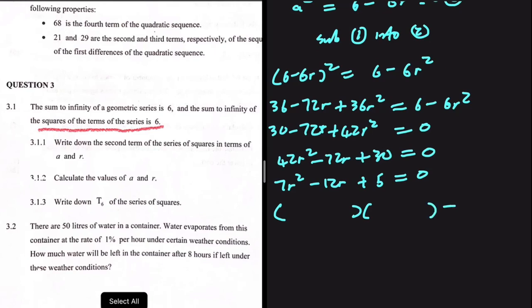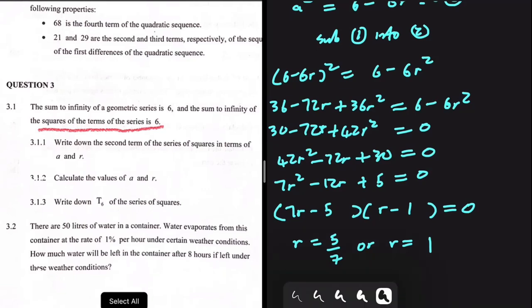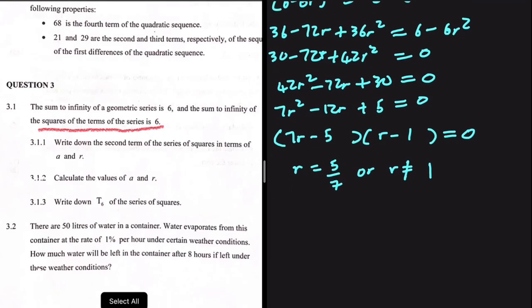Well, factorizing this is extremely difficult, so it is better if you use the quadratic formula. But anyway, we're going to have (7r minus 5) multiplied by (r minus 1). So r is equal to 5 divided by 7, or r is equal to 1. Well, r cannot be equal to 1 if our series is converging. That is the value of r.